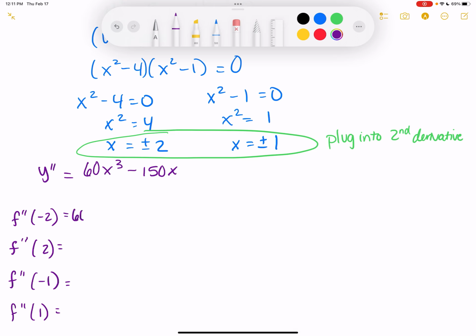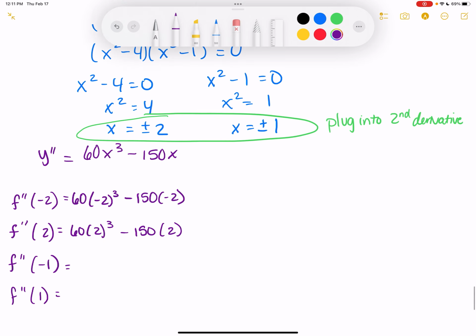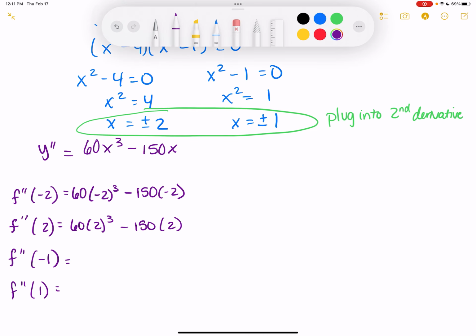I'm going to have 60 times -2 cubed minus 150 times -2 for the first one. Second one, 60 times 2 cubed minus 150 times 2. Next one, I'm going to have 60 times -1 cubed minus 150 times -1. And then the last one, 60 times 1 cubed minus 150 times 1.